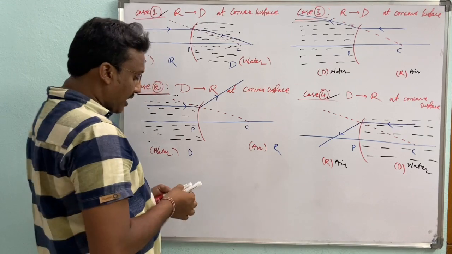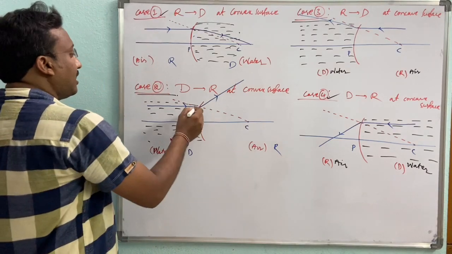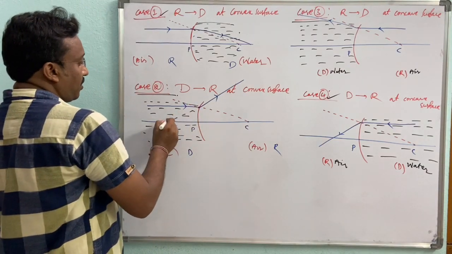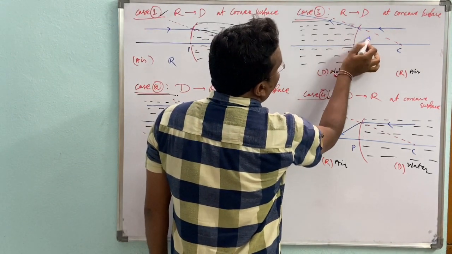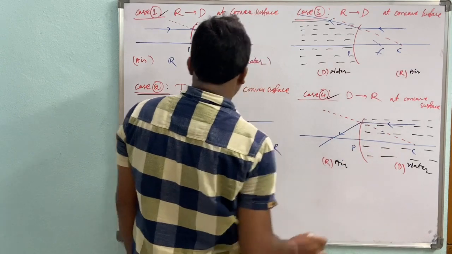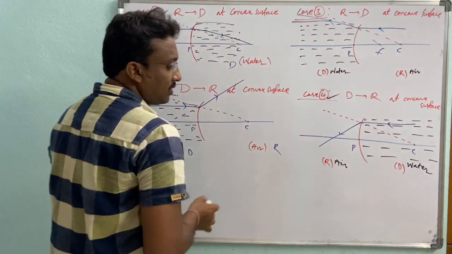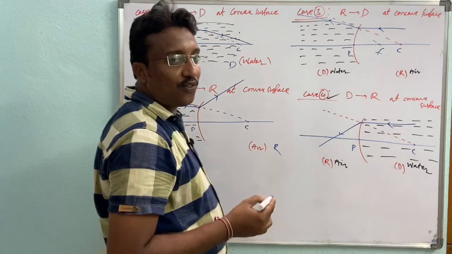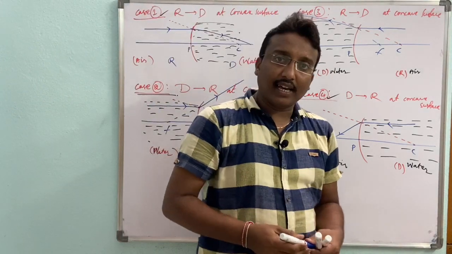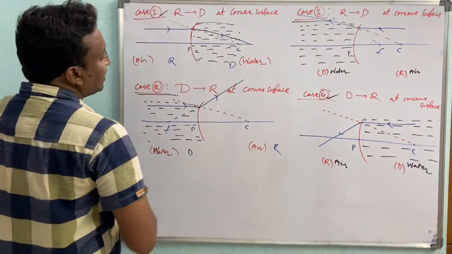Got it? In such a case, if you extend it backward, it gives what? The focus. The length between the pole and the focus is called the focal length. This kind of refraction takes place.